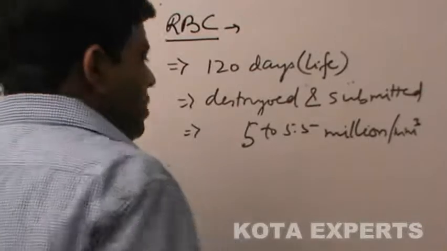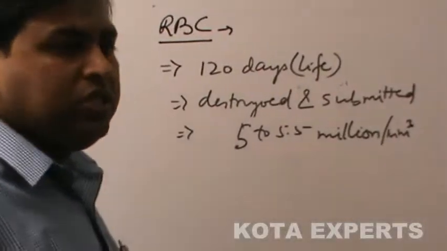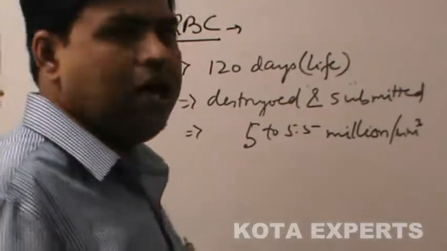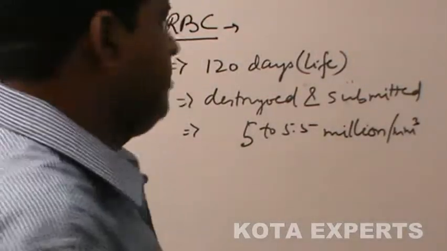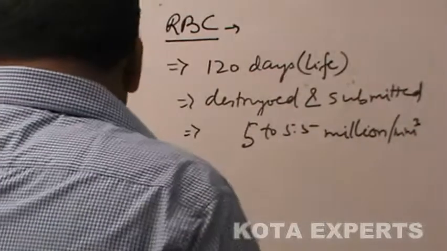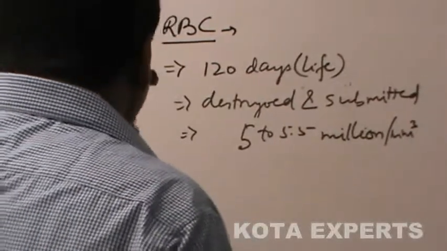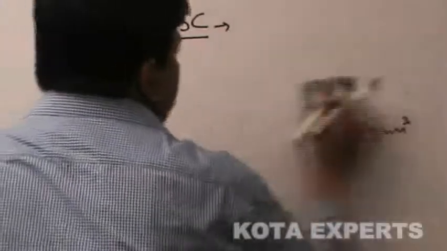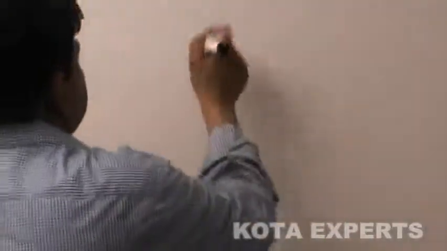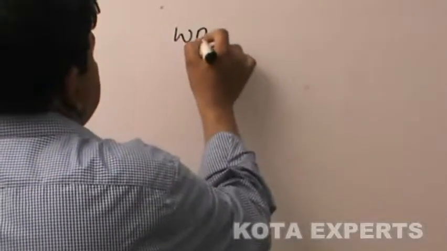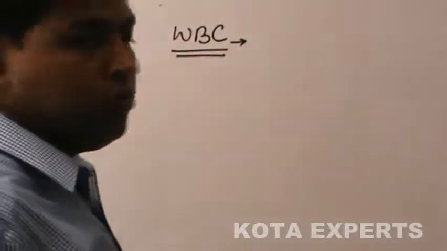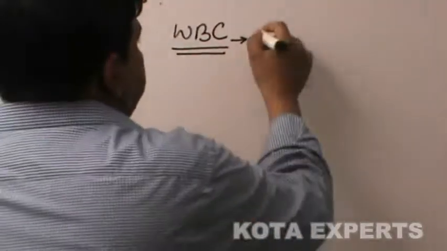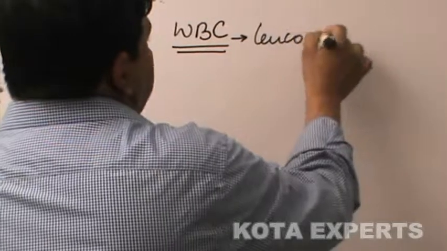So among all the cells, RBCs are in the largest number. So coming to our next type of cell, that is WBC, white blood corpuscles or leukocytes.